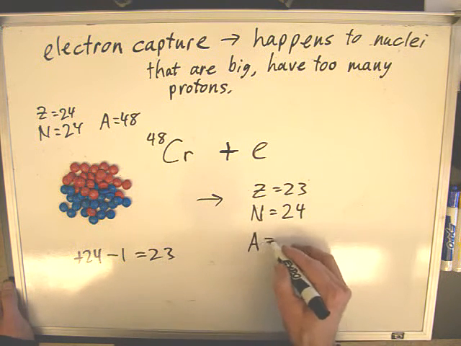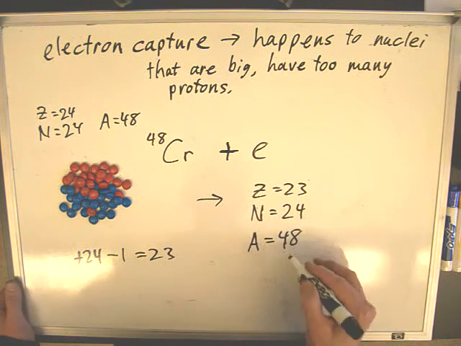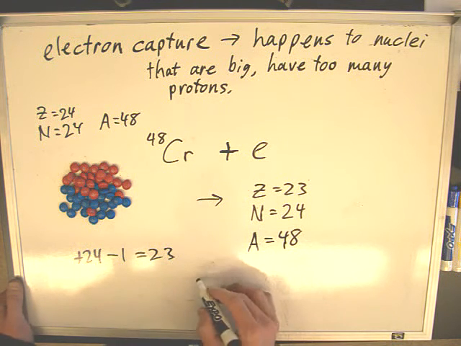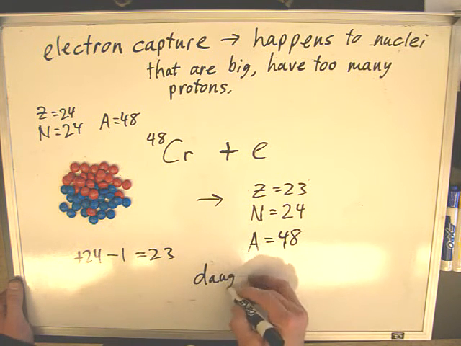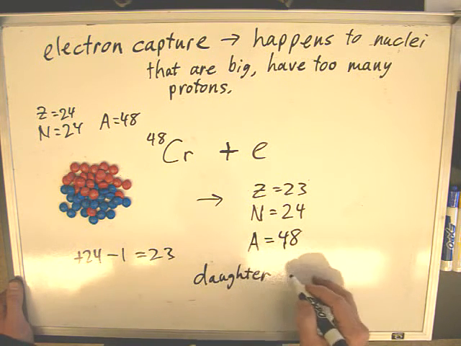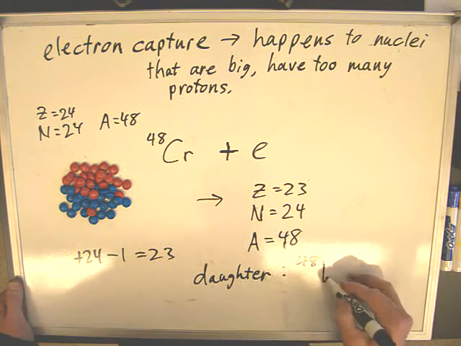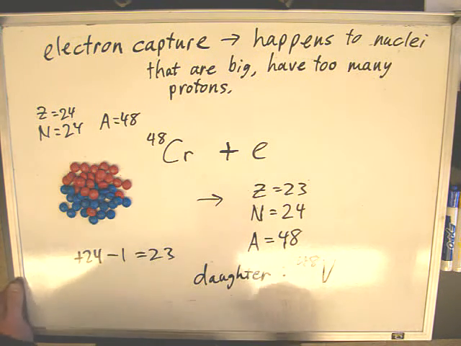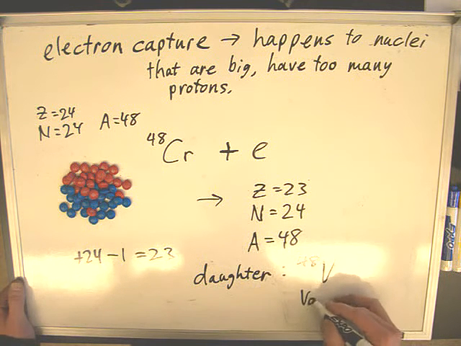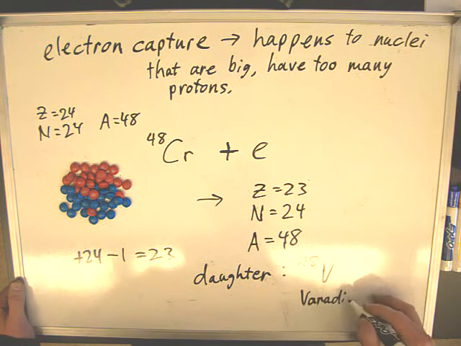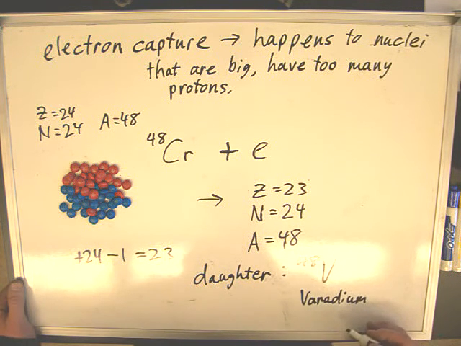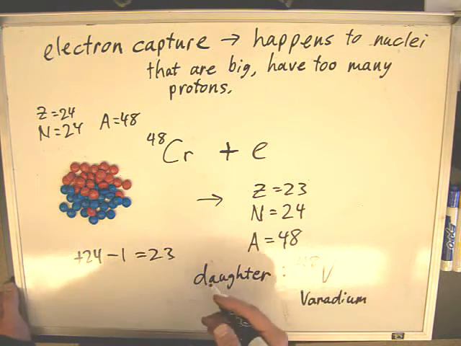So then A is still 48, and you can look on the periodic table and say the daughter must be 48V, which stands for vanadium. So this is an example of electron capture.